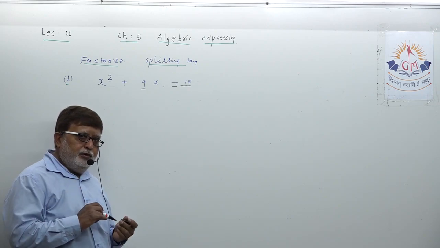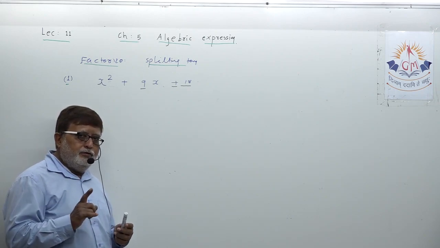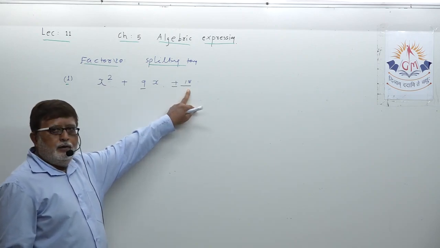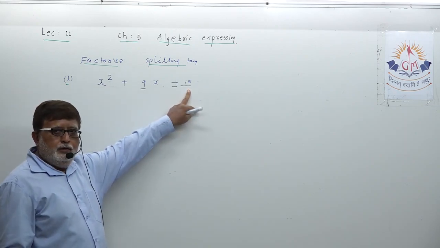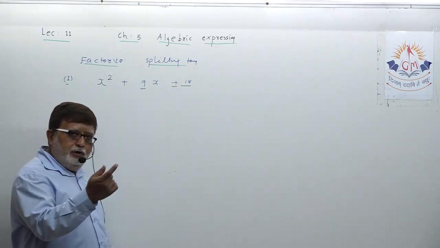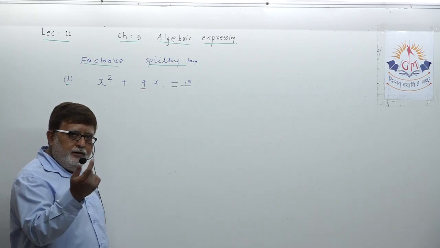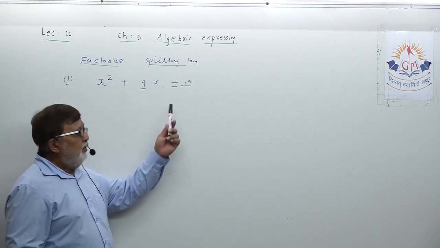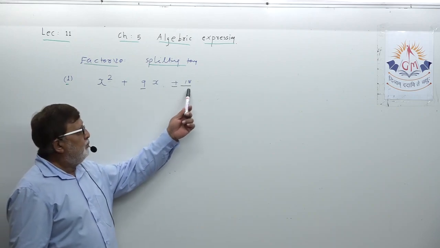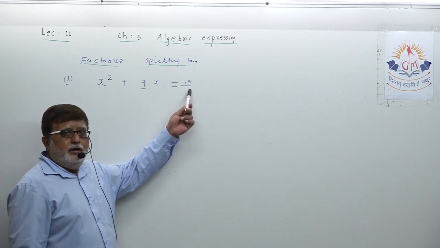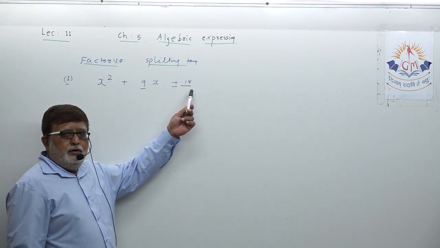What I am speaking out, please concentrate. 18, this sign and this number. I am speaking one sentence and you roll your pen as I roll. First I am striking here and speaking the logic.